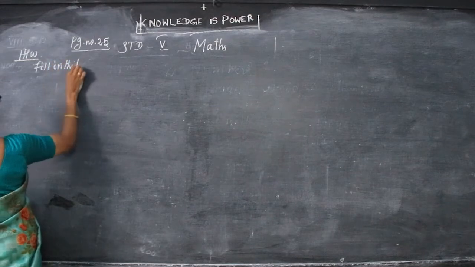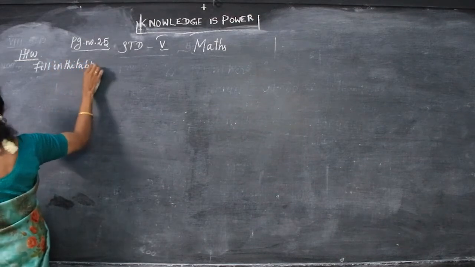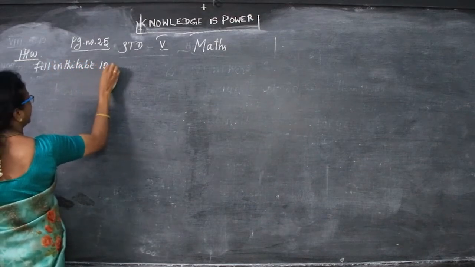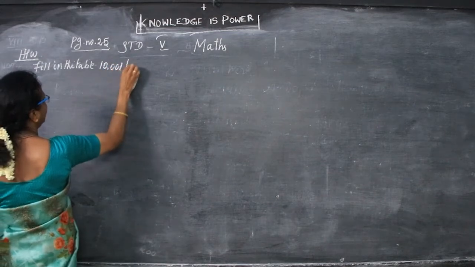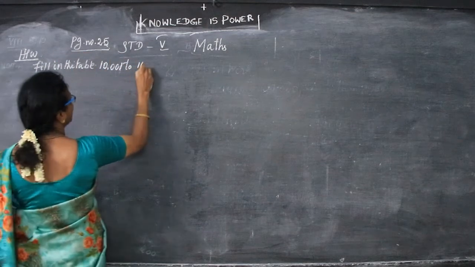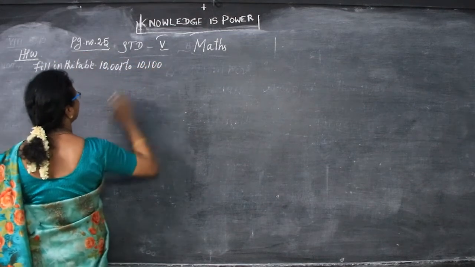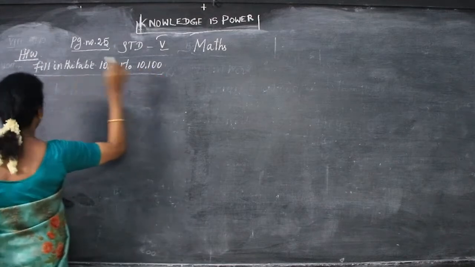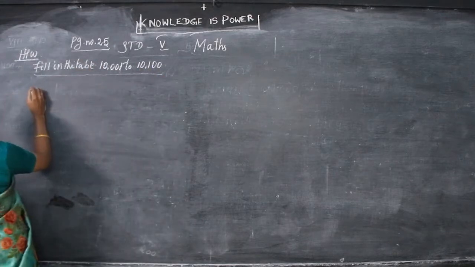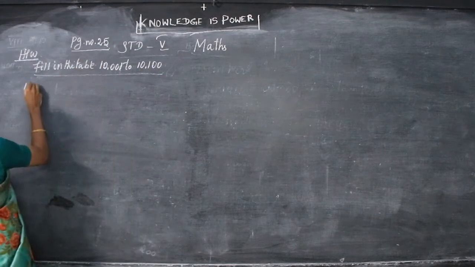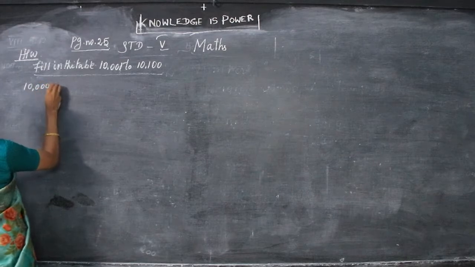You have to fill in the table from 10,001 to 10,100. Okay children, take your notebook and write down 10,001.